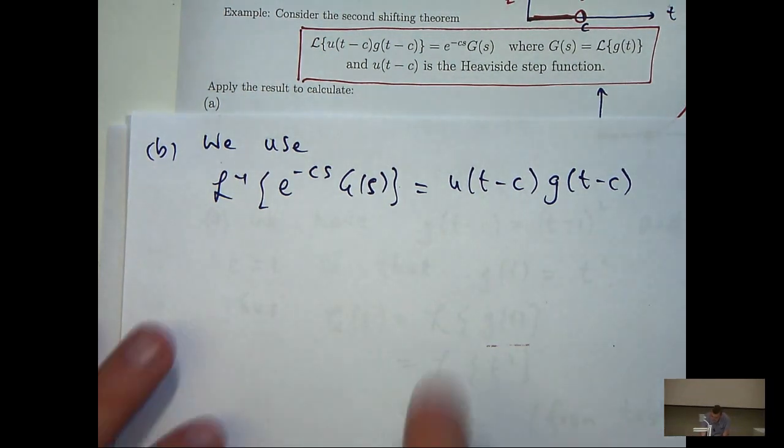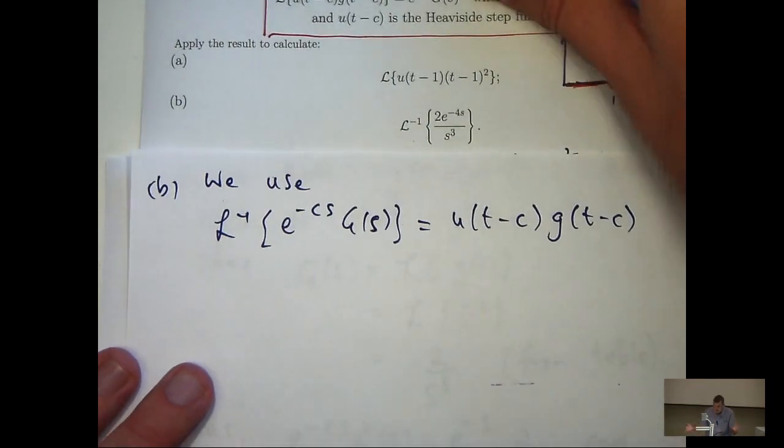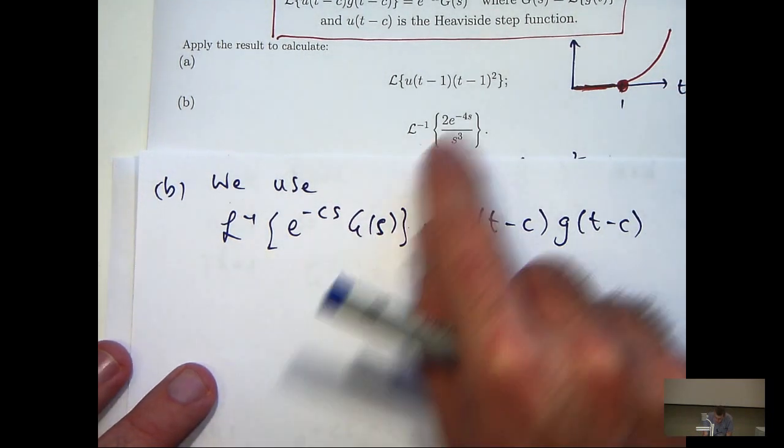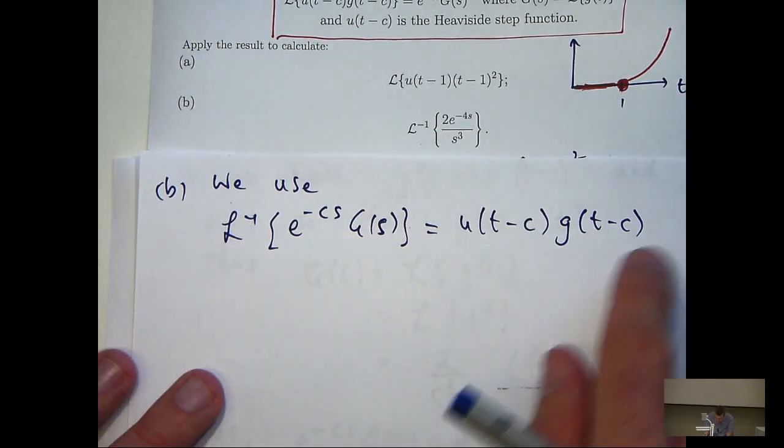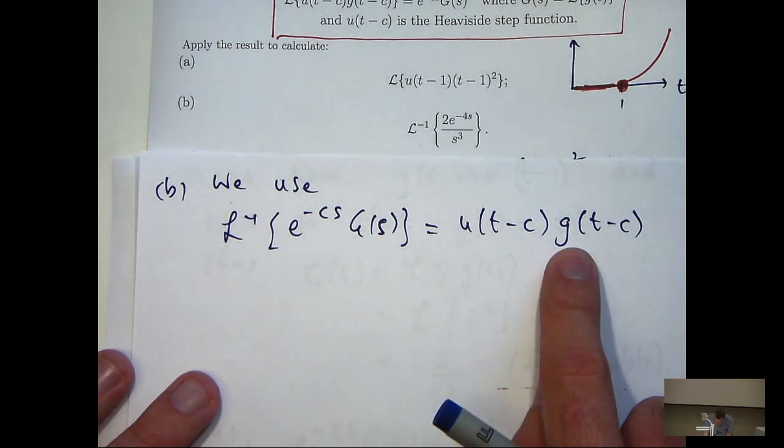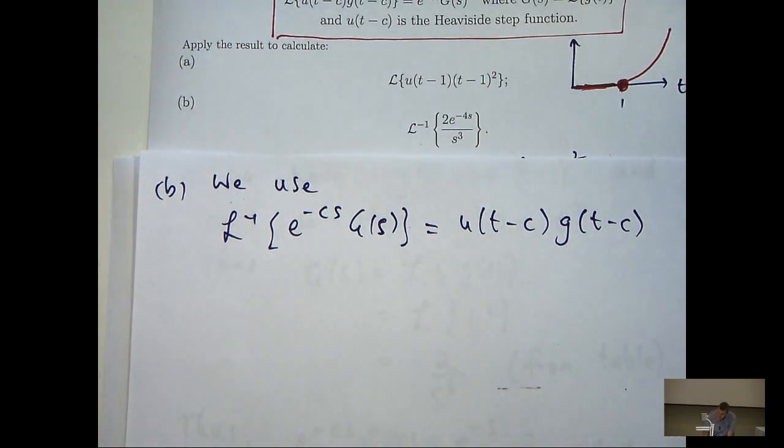Okay, so what we would like to do is compare these two expressions here, formulate C and big G, and then to get this I need to get little g of t and then shift it.